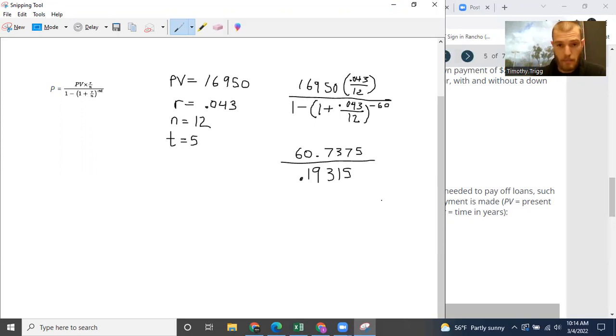So 60.7375 divided by, okay, so this will give you that her monthly payment is $314.46. Okay, so you can see when she makes the down payment of $5,000 up front, that her monthly payment goes down drastically, right?